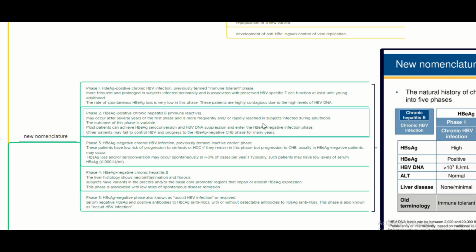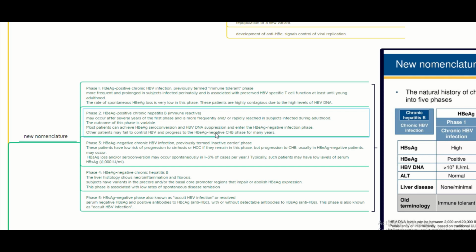We have multiple outcomes. Some people can achieve seroconversion, the HBV DNA will be suppressed, and the patient will go into an HBe negative infection phase and will become an asymptomatic carrier with controlled and functional suppression of the virus.